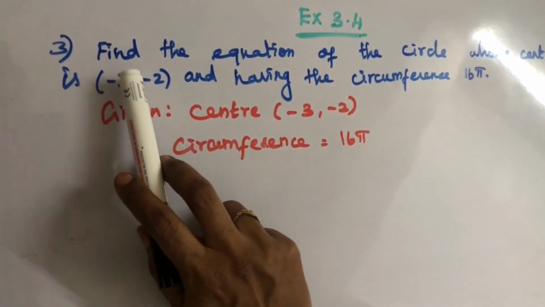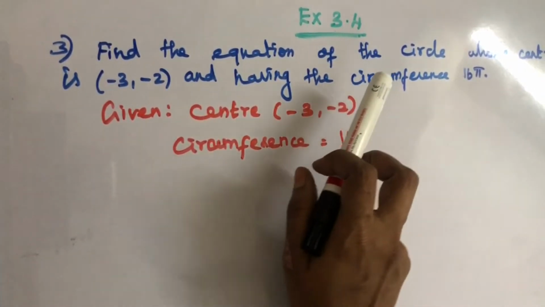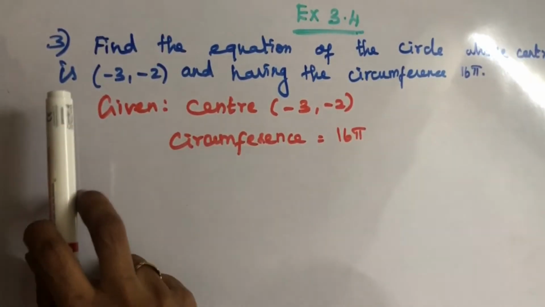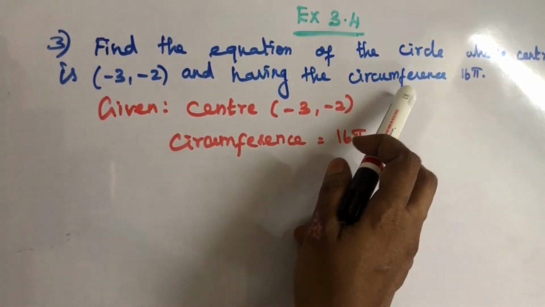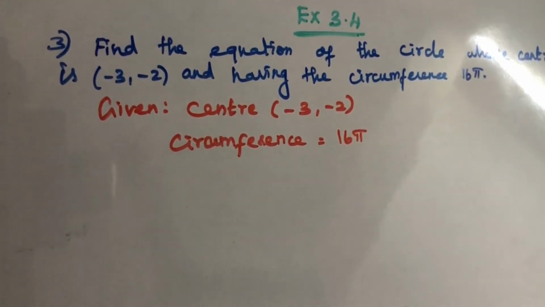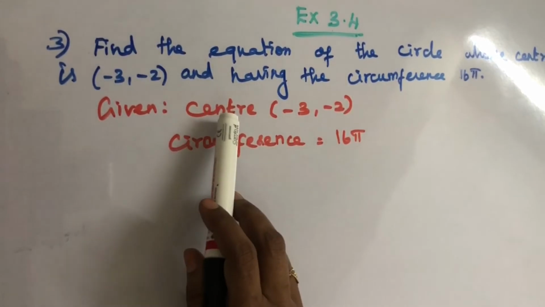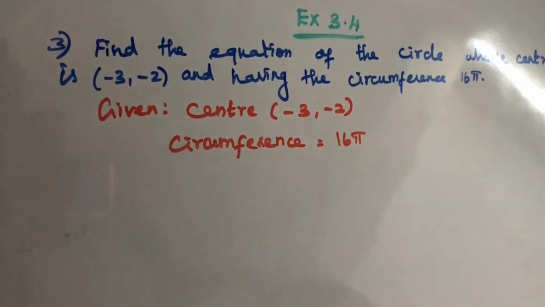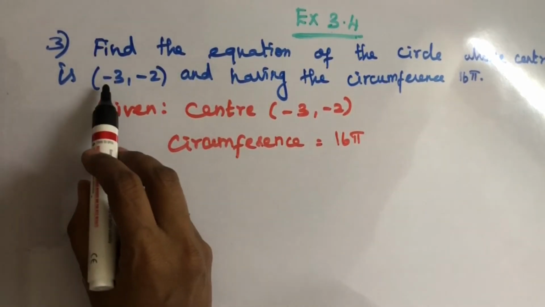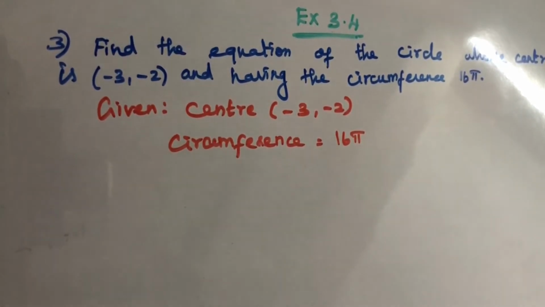Third question, find the equation of the circle whose center is minus 3, minus 2 and having the circumference 16 pi. Okay, so center is given, circumference is given. We have to find the equation of the circle. So what is the center here? Minus 3, minus 2.